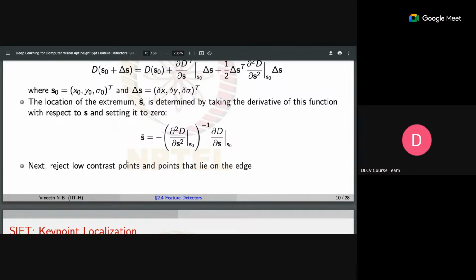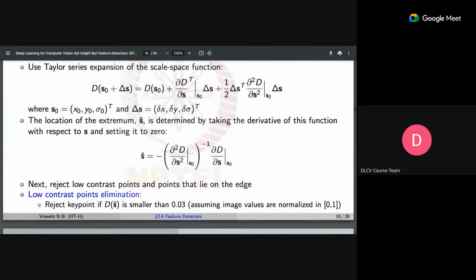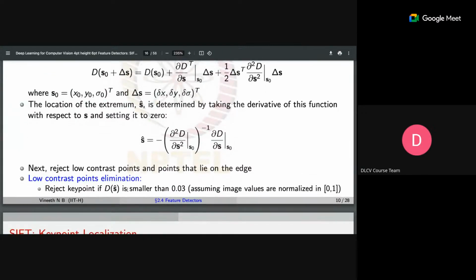Basically, you take those points. This is your extrema, right? So now you can use this as your parameter for your function and reject the key points which are smaller than some threshold.